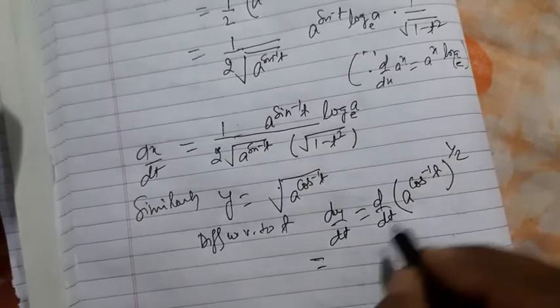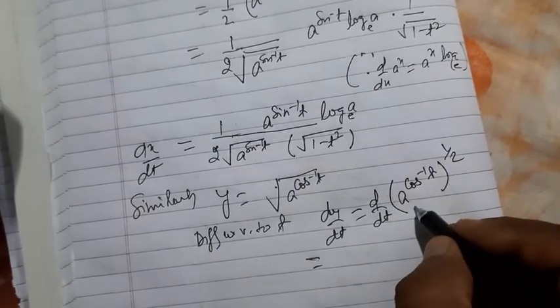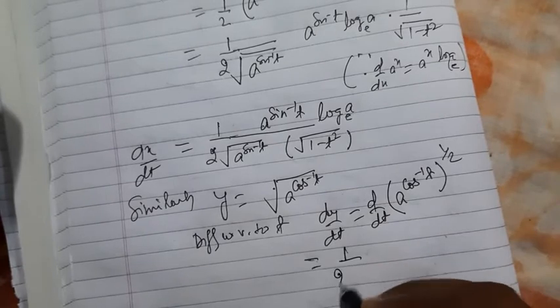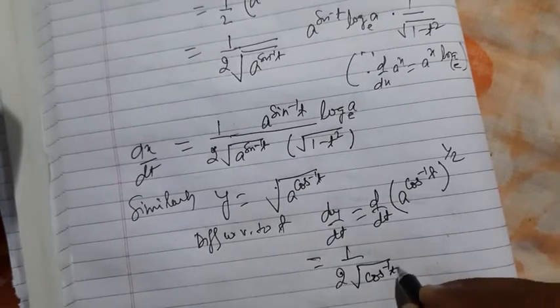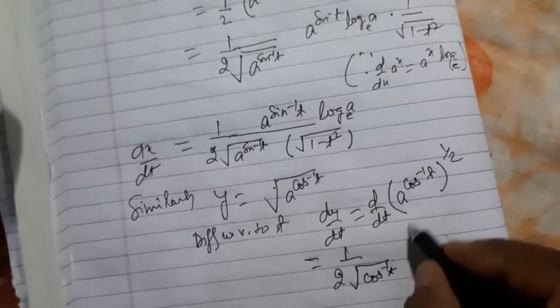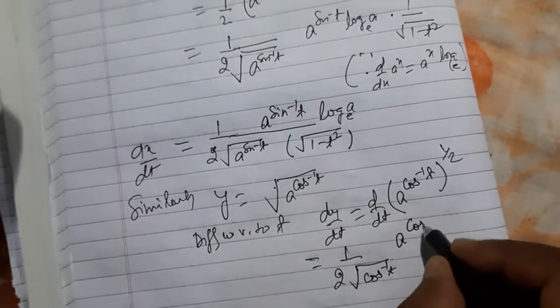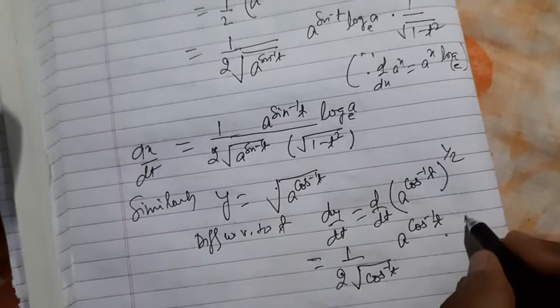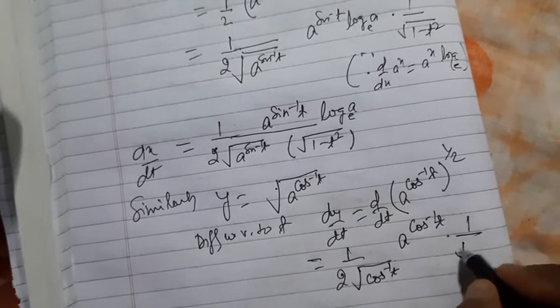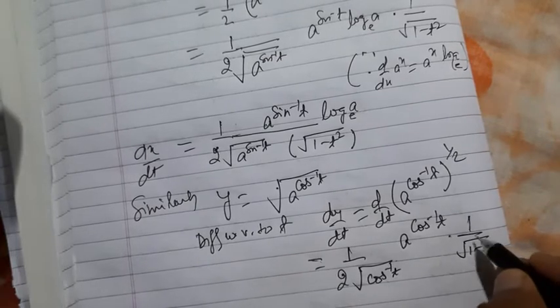If you are simplifying, again this you can write 1/2 under root cos inverse t, and e power x, that is a power cos inverse t, and d by dt of cos inverse t, that is minus 1 upon under root 1 minus t square.